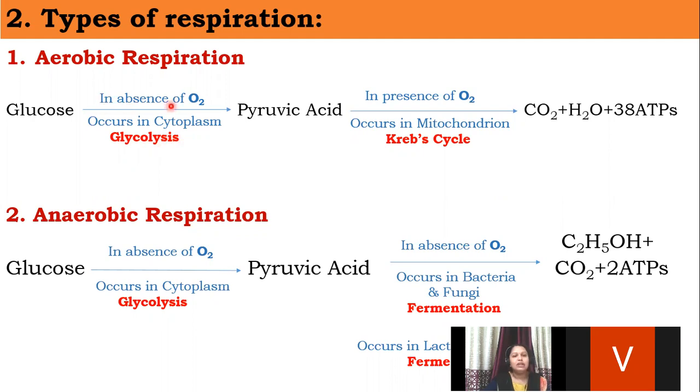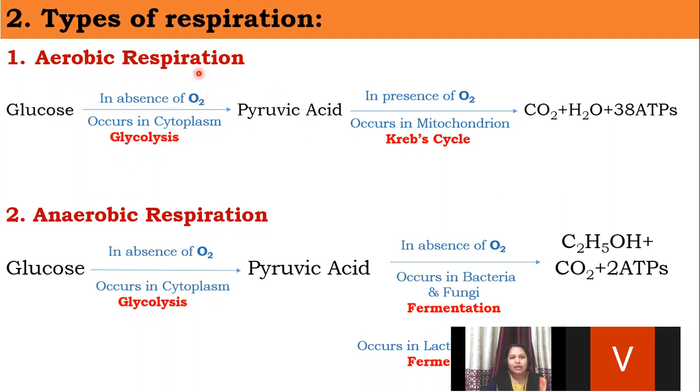Now the question is, if it takes place in absence of O2, then why it is termed as aerobic respiration, right? It should be an anaerobic respiration. But whether it is aerobic or anaerobic respiration, the glucose is broken down into pyruvic acid always in absence of O2. There is no oxygen involved in this reaction.